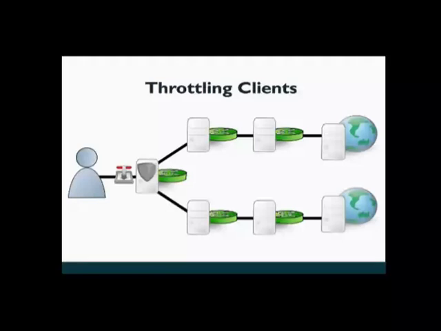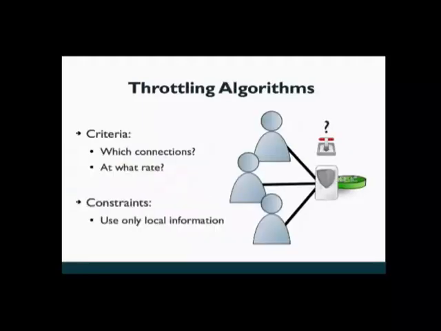So we would like to explore throttling algorithms that work adaptively. The static throttling approach may be good for certain settings, may be good for certain guard nodes, but it's not clear that those settings will work for everyone. So we would like to explore an adaptive algorithm that takes care of the following criteria.